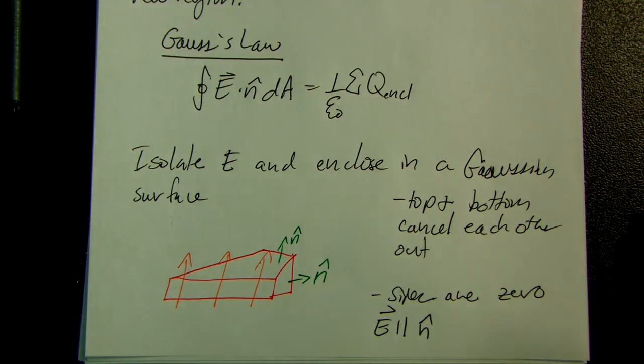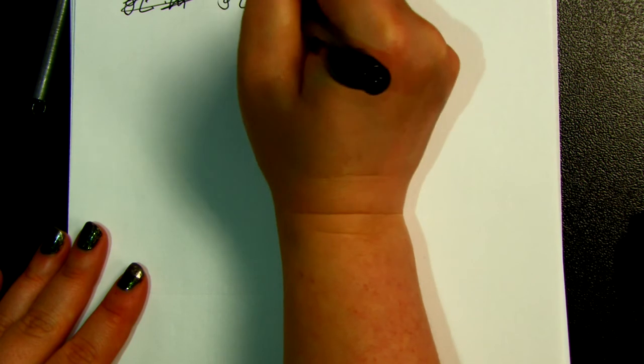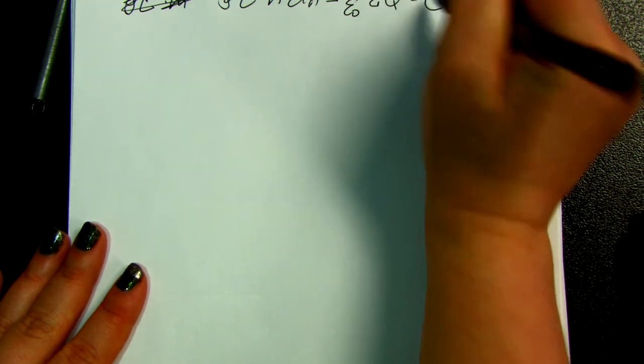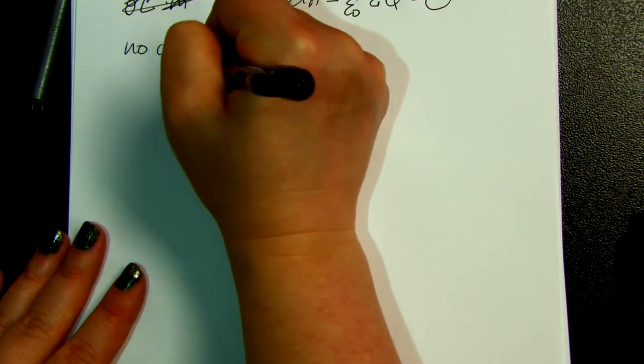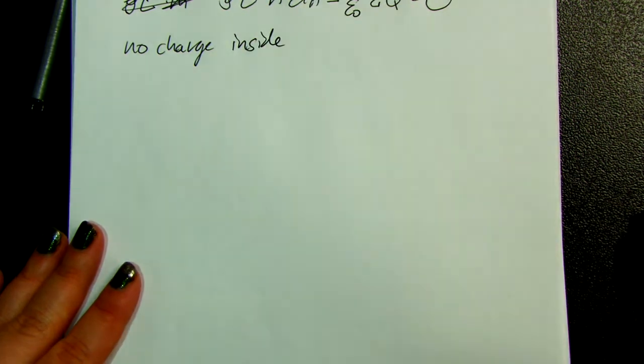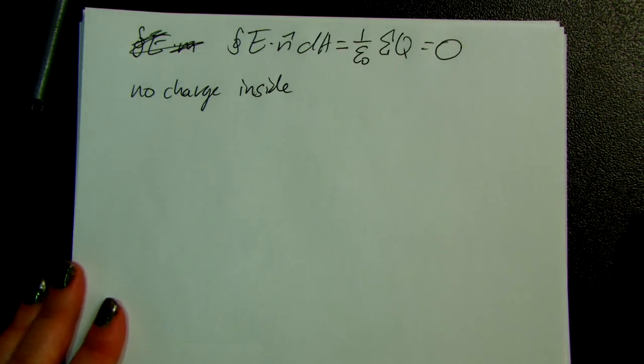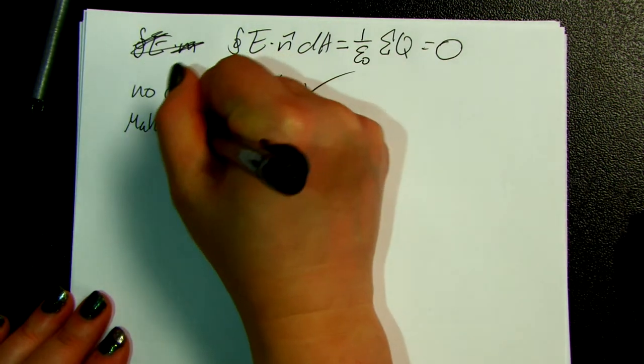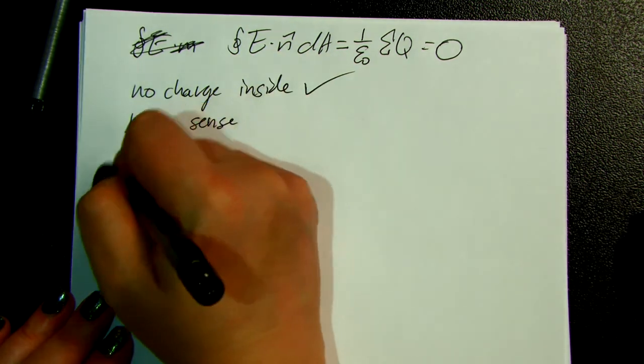This makes sense. No charge inside. But I didn't say there was a charge inside. We just have a little pulse, just a field, no charge. Okay, makes sense. So far, so good. 3 more checks.